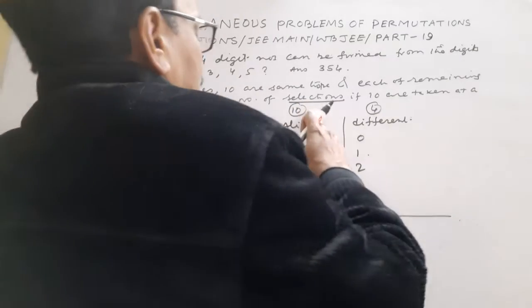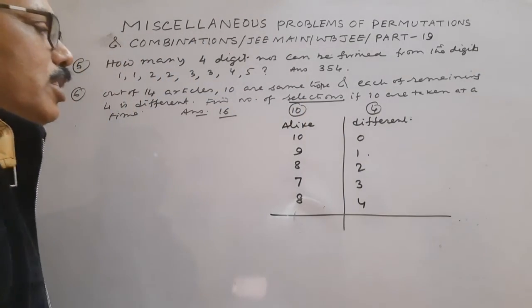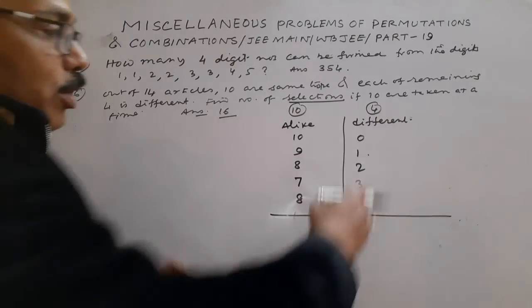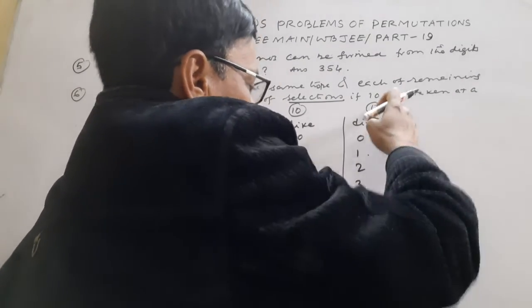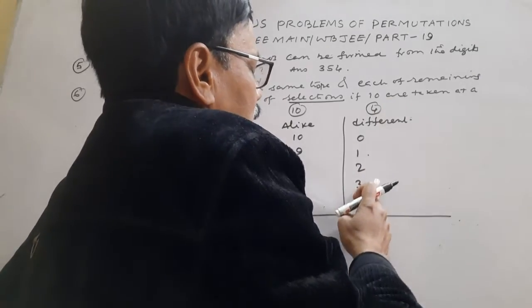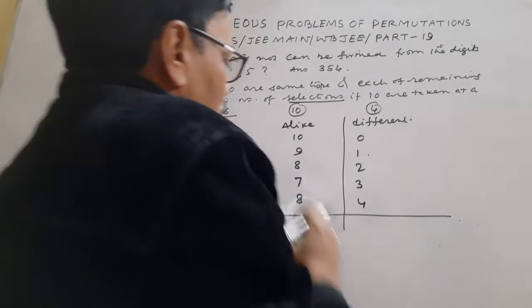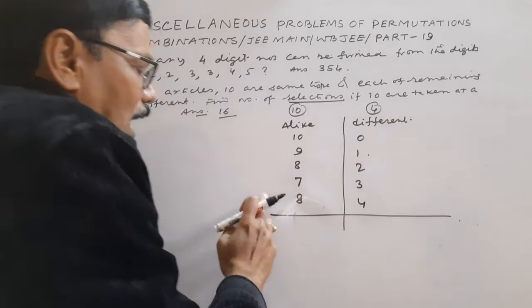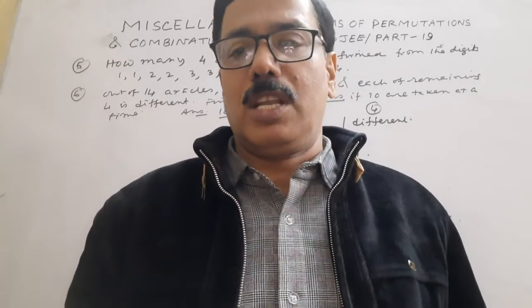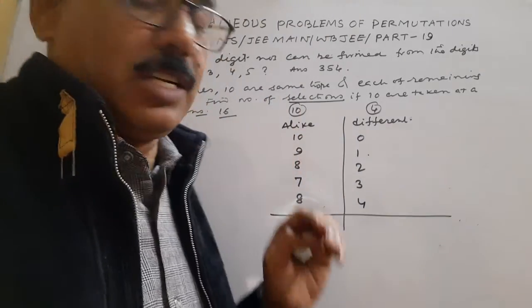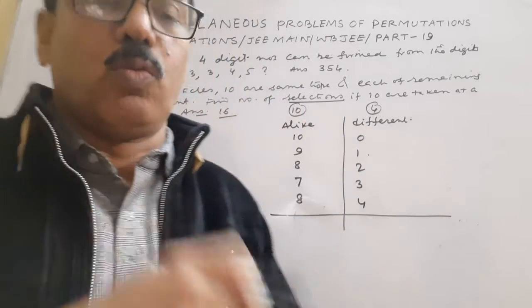Out of 10 alike, you can take 9. So this is also 1. And for different, it is 4C0. This is 4C1. This is 4C2. This is 4C3. This is 4C4. Because all are alike, in alike cases, if you take 1, 2, 3 each, since they are alike, you are getting only 1.